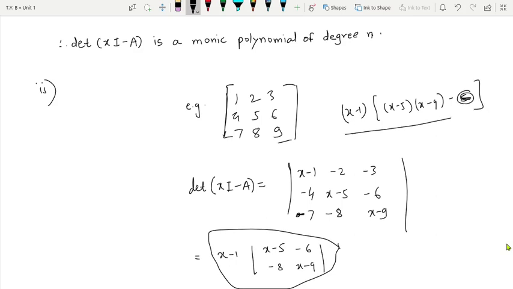So if you put this x minus 1 inside, it will be x minus 1 multiplied by x minus 5 multiplied by x minus 9 minus whatever the term lies here. So it is simply the product of x minus 1, x minus 5 and x minus 9.